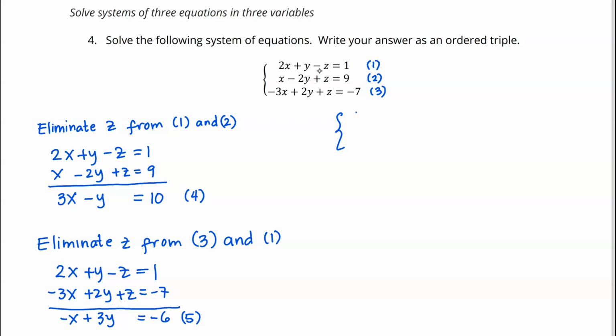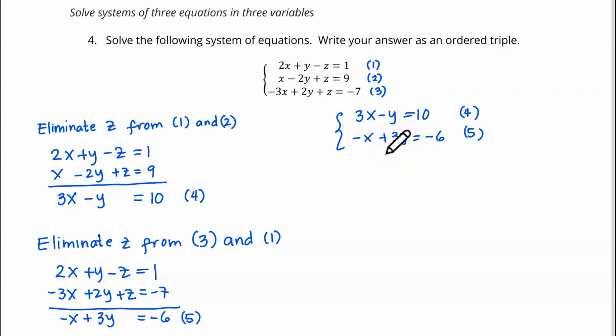So let's write down 3x minus y equals 10. That's our equation 4. And then we have negative x plus 3y equals negative 6. This is equation 5. Then we will decide which variable to eliminate from here.